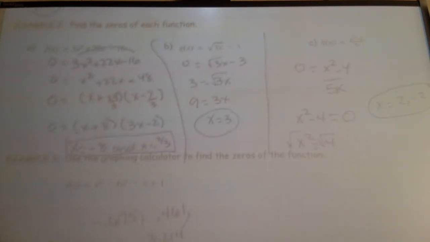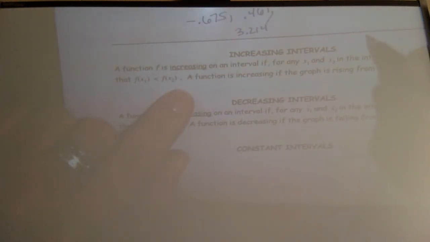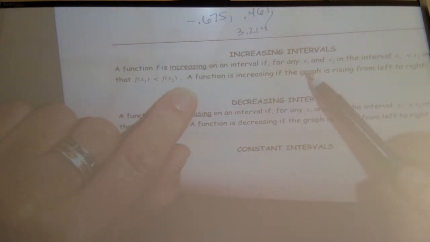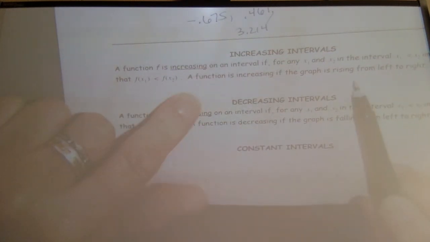And now let's look at increasing and decreasing intervals. A function is increasing on an interval if x1 and x2, x1 is less than x2 implies it's increasing, if it's rising from left to right. So what's an increasing function look like?